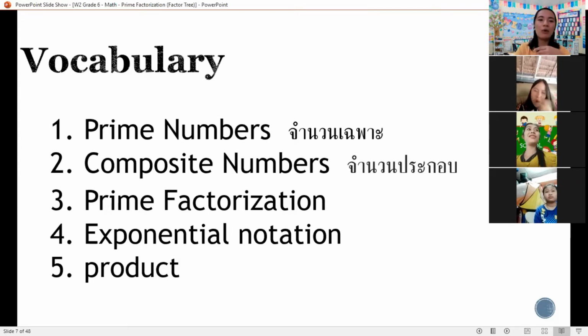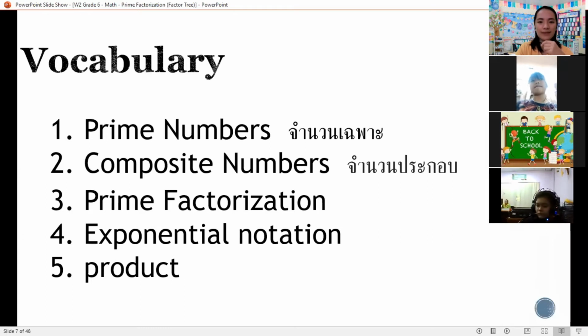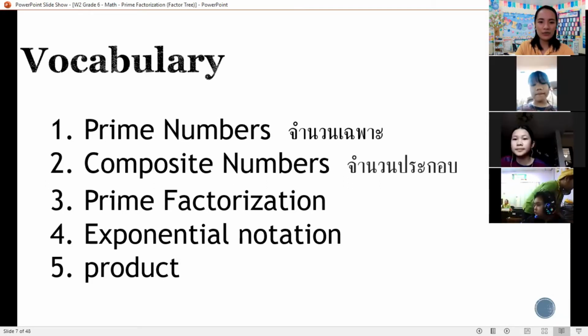So let's start with number 1, prime numbers. Again, prime numbers. Prime number. Very good. Next, number 2, composite numbers. Composite number. Again, composite numbers. Very good. Number 3, prime factorization.